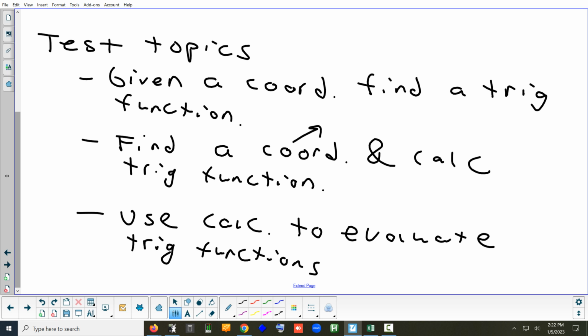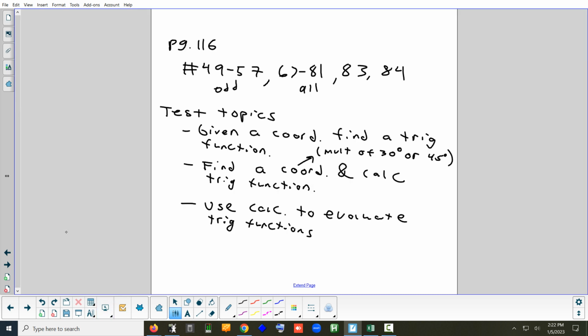Now, if I ask you to find a coordinate, then you know that your angle has to be a multiple of what two numbers? 30 or 45. 30 or 45, one or the other. If you're using a calculator, then obviously it's not a multiple of 30 or 45. So that's everything that's going to be on the test.